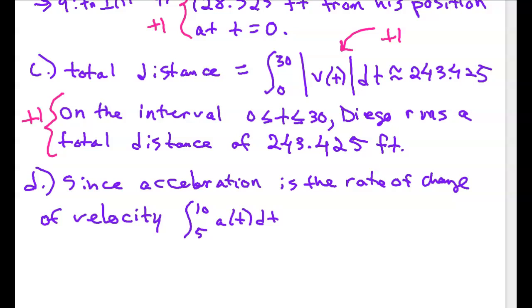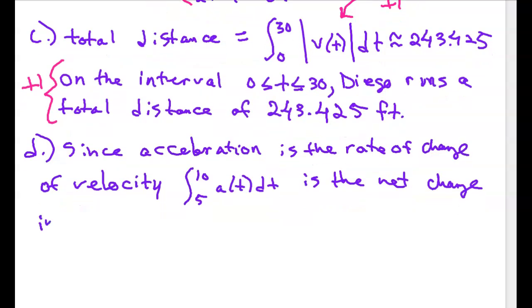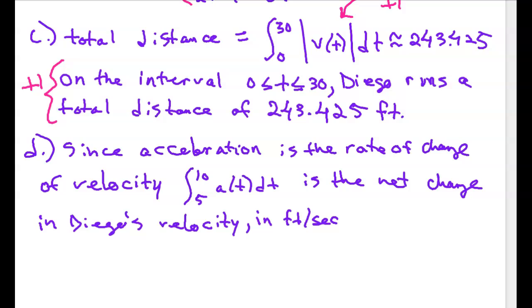So that integral represents the net change, accumulation, in Diego's velocity, going backwards to the antiderivative, in, careful about units, velocity would be in feet per second on the interval from 5 to 10.